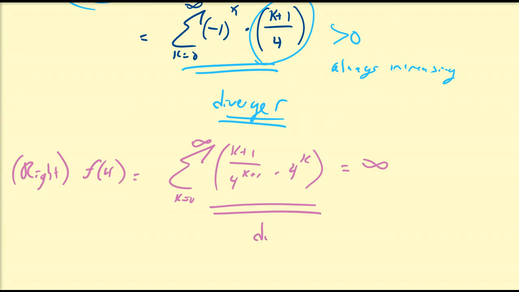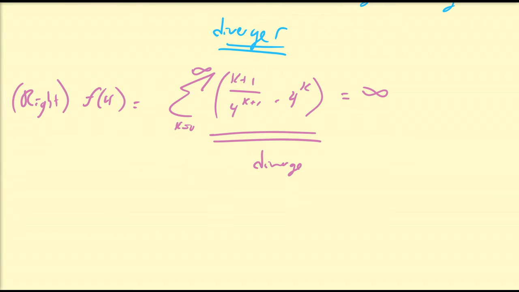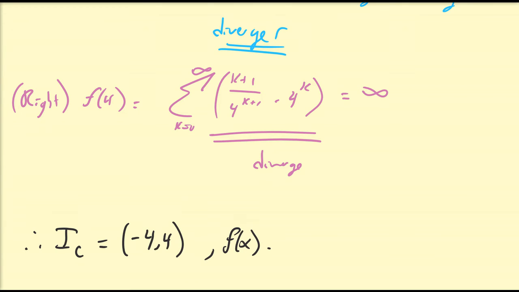So this is going to diverge as well. With that being said, it diverges at each of the endpoints, so the interval of convergence is going to be precisely negative 4 to 4, where the power series f(x) is equal to the sum from k equals 0 to infinity of (k+1) all over 4^(k+1) times x^k.